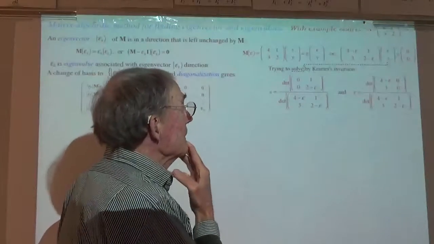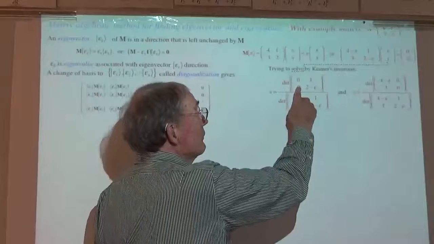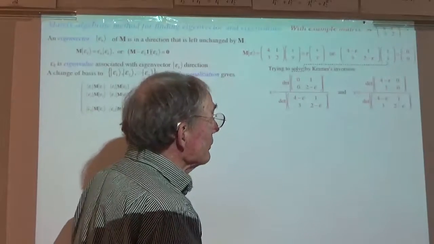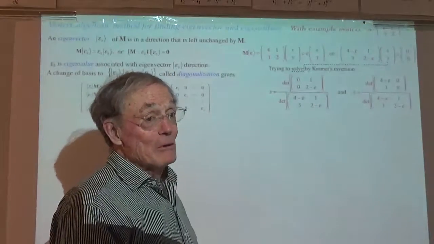But the problem with that, of course, is you know right away that this is just giving you an answer x equals 0, y equals 0. Nobody's going to pay you for that.